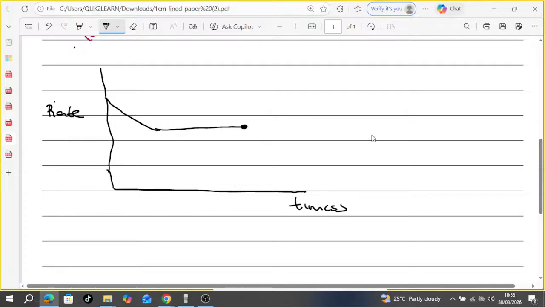So now you're going to use more reactants to form more products. Now I want you to see the difference between these two graphs. Then this one reaches equilibrium. Once it reaches equilibrium, it gets to this point. This is the reverse. Then it's going to drop. When it drops from this point, it will start increasing again.